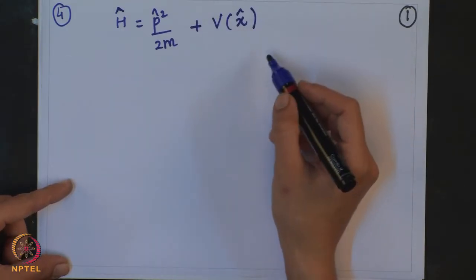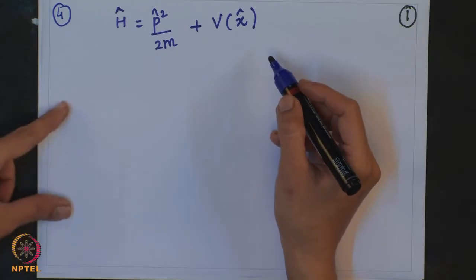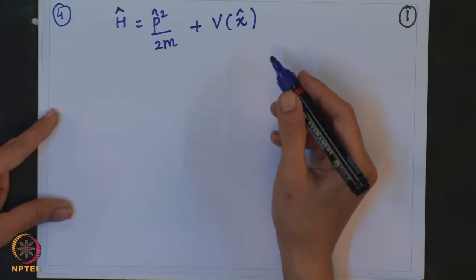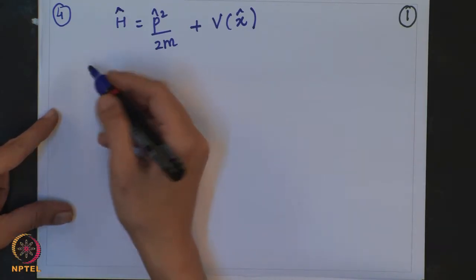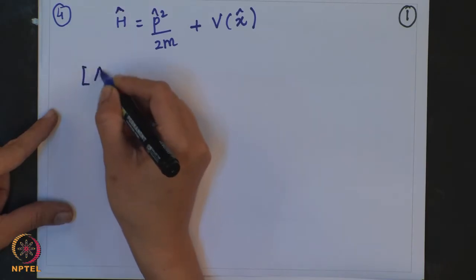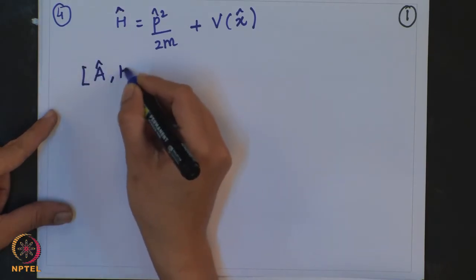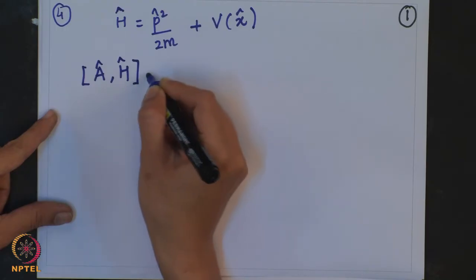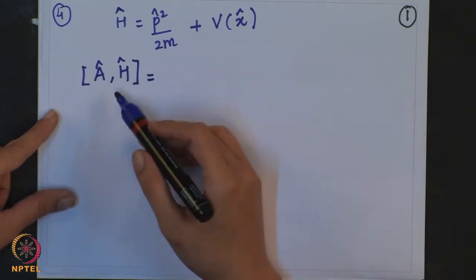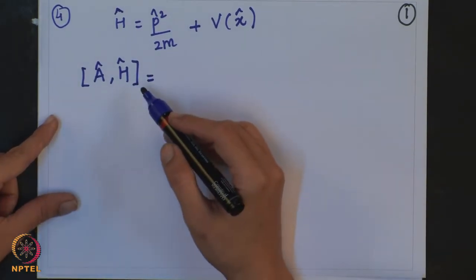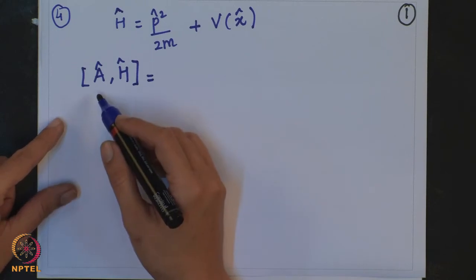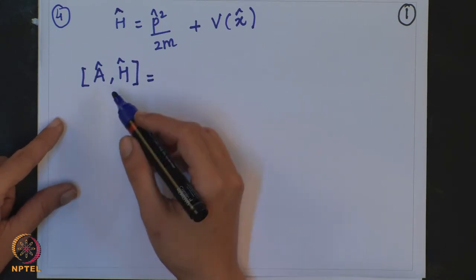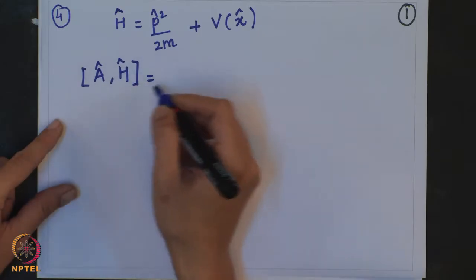V is dependent on the position space, and you have to obtain the commutator of an arbitrary operator A and H. So, any arbitrary operator A with H, you have to obtain this. So, let us get started with this.